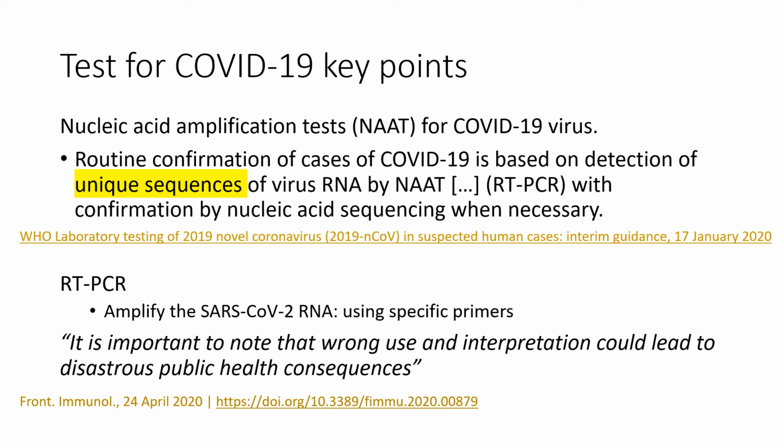We amplify the DNA that is complementary to the SARS-CoV-2 RNA, and then you need to know which RNA of the SARS-CoV-2 this is actually amplifying. It should be the one in the S1 protein, or at least one that has been documented to be specific and unique for the SARS-CoV-2.